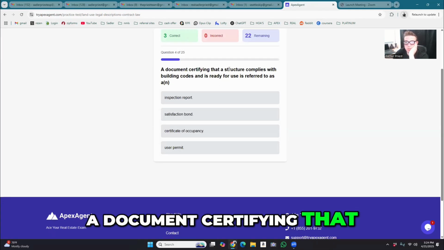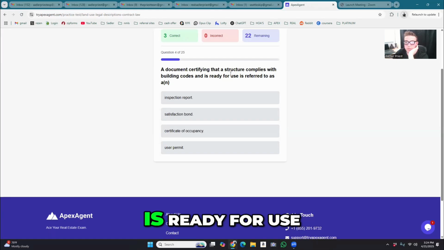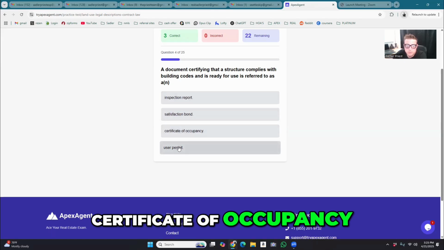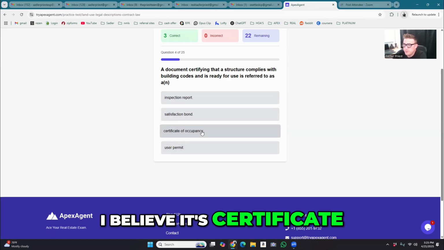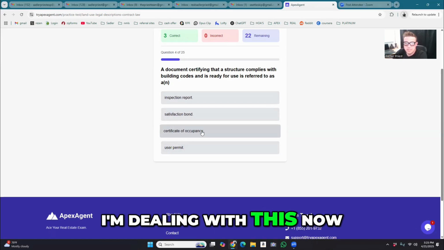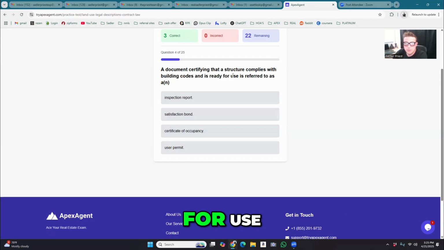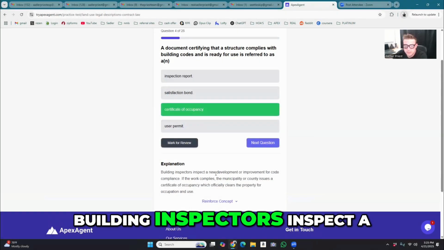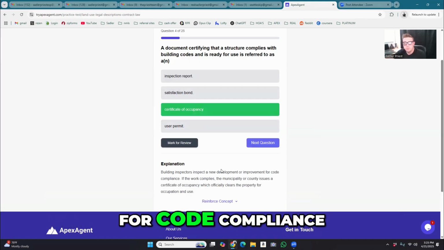But a document certifying that a structure complies with the building codes and is ready for use is referred to as an inspection report, satisfaction bond, certificate of occupancy, user permit. I believe it's certificate of occupancy. I'm dealing with this now. Building codes, ready for use. So this just says, yep, it's ready to go and people can inhabit it. Building inspectors inspect a new development or improvement for code compliance.